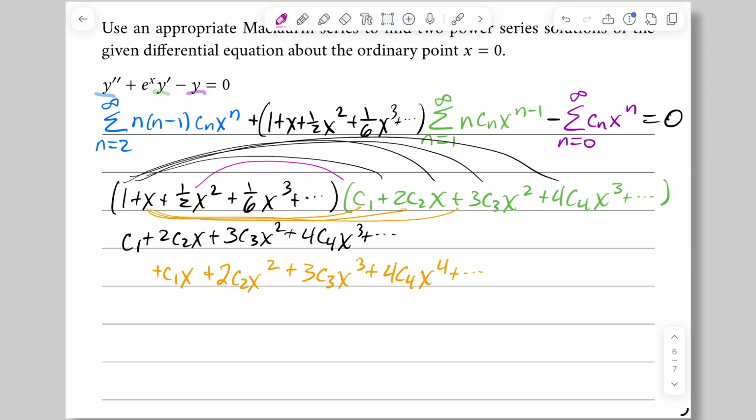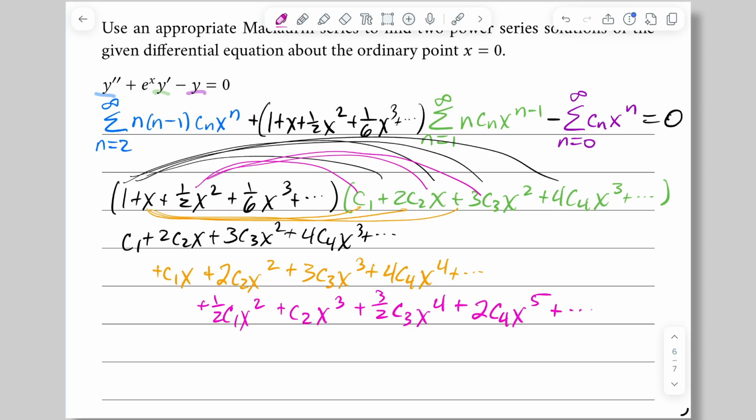Next, we're going to multiply 1/2 x squared by everything in y prime, again lining up our like terms. That's going to give us plus 1/2 c1x squared plus c2x cubed plus 3/2 c3x to the fourth, and just for kicks, plus 2c4x to the fifth, and so on.